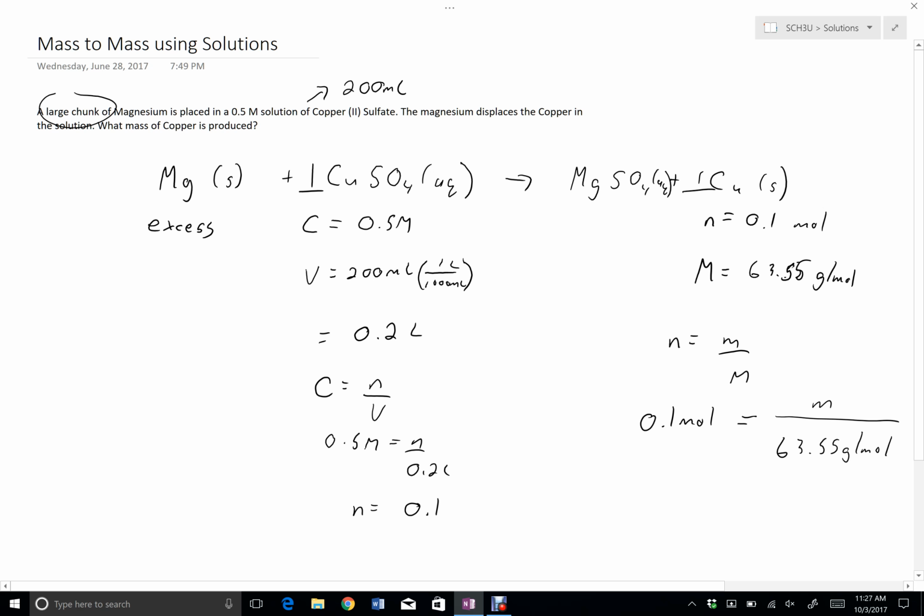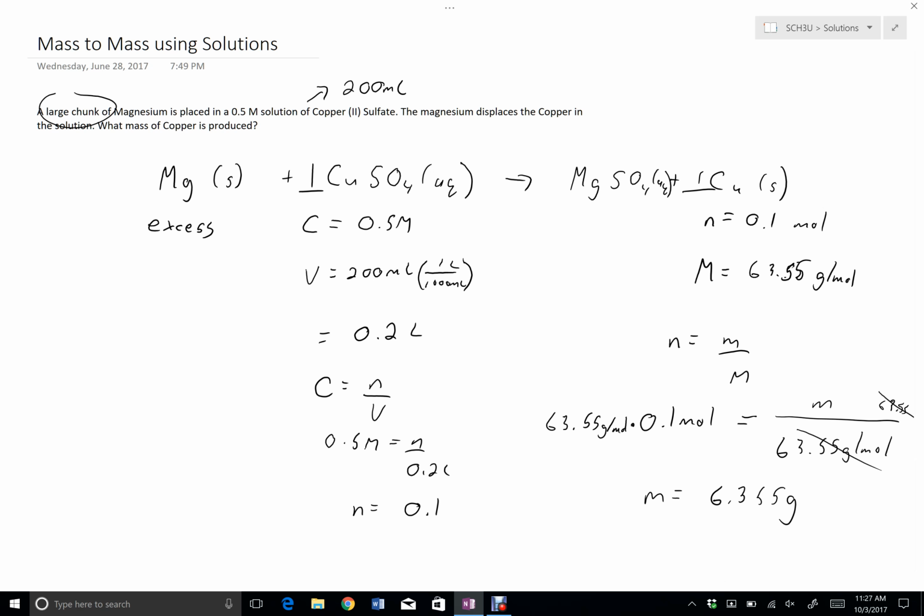So I multiply both sides by 63.55 grams per mole. And I get a mass of 6.355 grams of copper produced when the magnesium displaces it in solution.